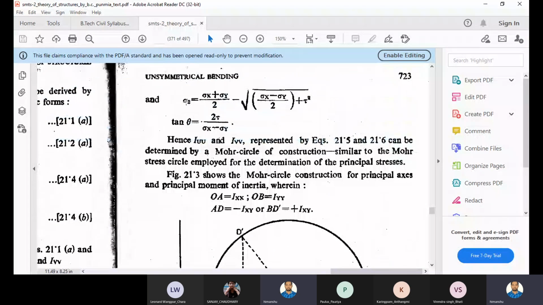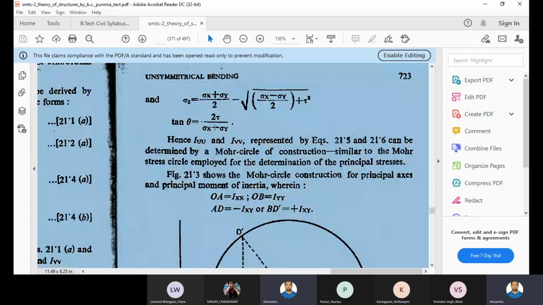What we got is sigma equals (sigma x plus sigma y) divided by 2, plus or minus the square root of ((sigma x minus sigma y) by 2) squared plus tau squared. This is the equation which we got earlier, and tan 2 alpha is 2 tau divided by (sigma x minus sigma y). Now the IUU and IVV equations are already in these transformation forms.